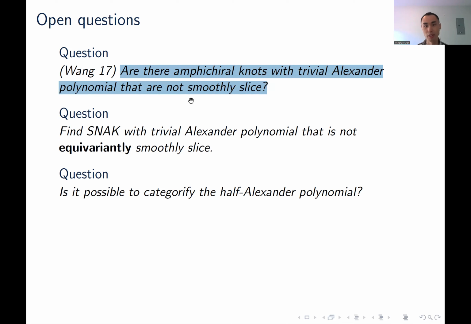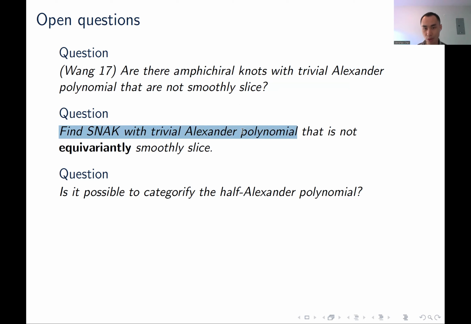This is something stronger than Menasco's question, and we still don't know the answer. Maybe an easier question would be, can you find a snack that has trivial Alexander polynomial but is not equivariantly smoothly slice? We prove it's always topologically slice, but can you do it for smoothly? We still don't know the answer to this question.